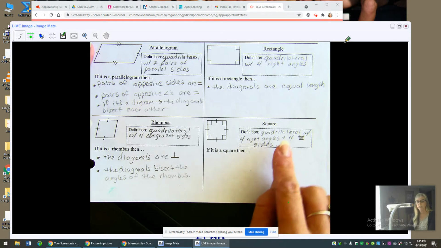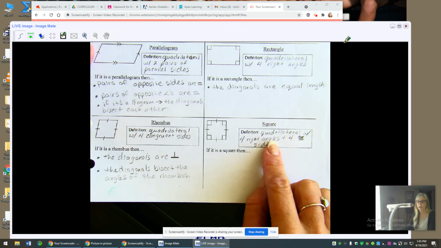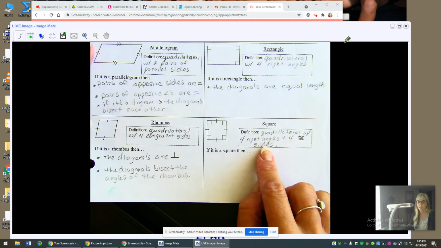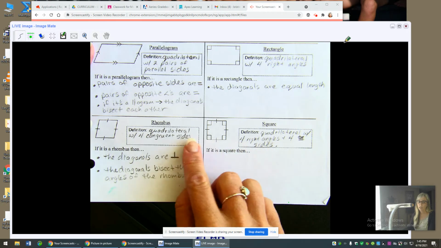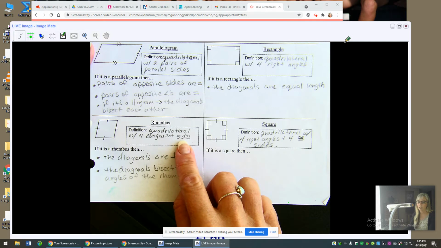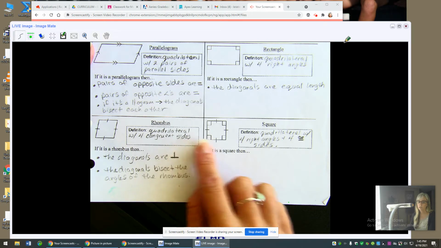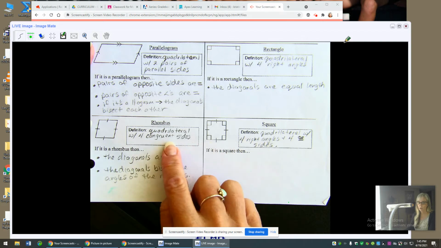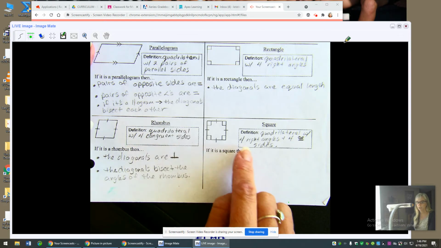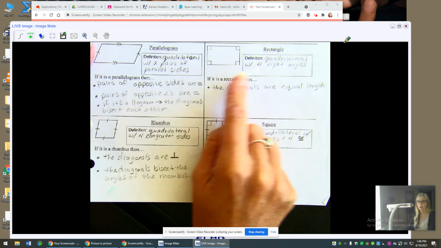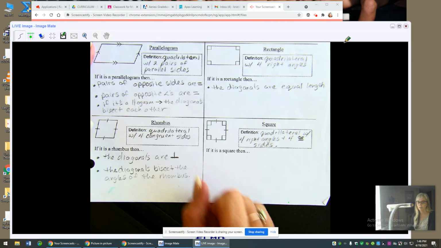A square is a quadrilateral with four right angles and four congruent sides. Well, check it out. A rhombus has four congruent sides, and it's a quadrilateral. So is a square a rhombus? The answer is yes. A square is a rhombus, but not every rhombus is a square, similar to the rectangle and parallelogram situation.